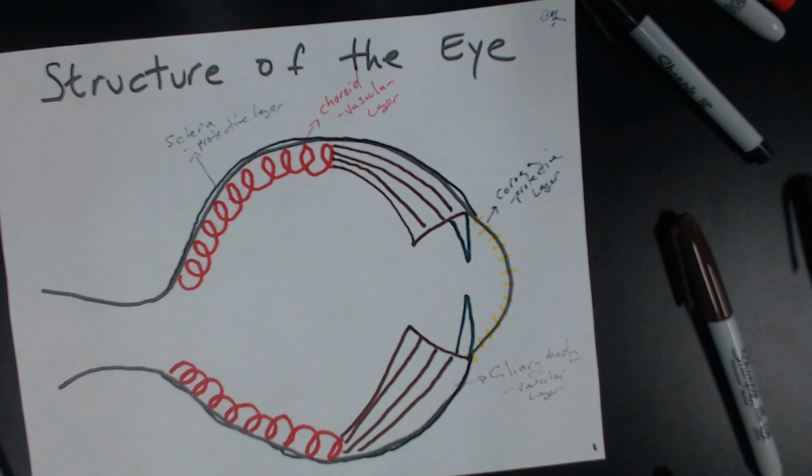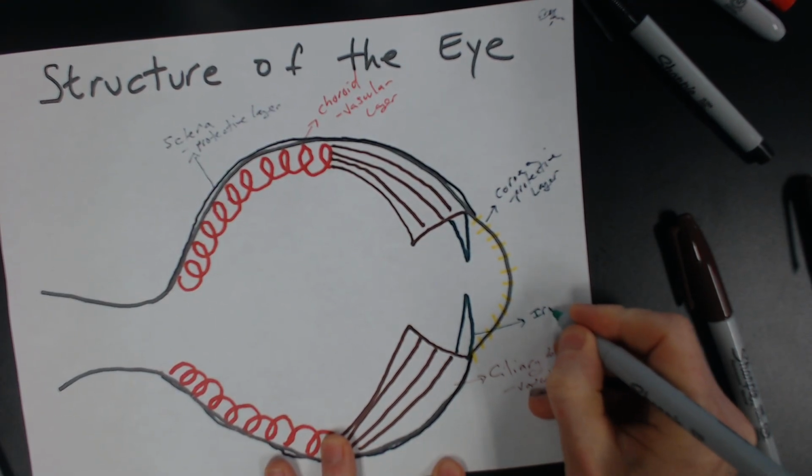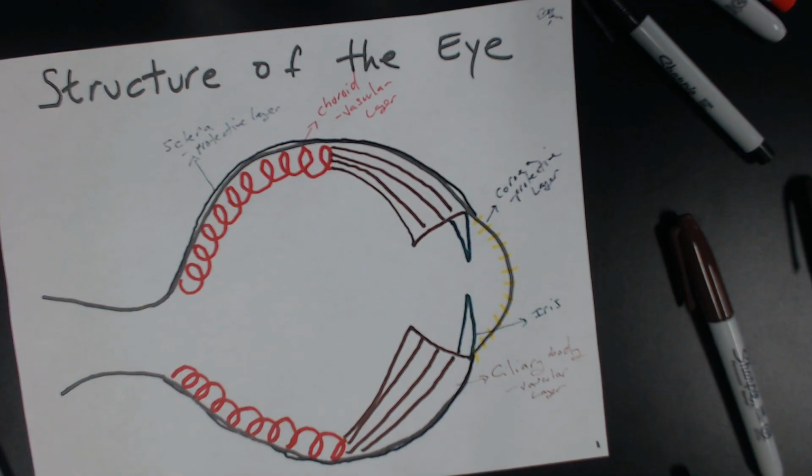So this is your iris. Okay, moving on. That's the vascular layer.